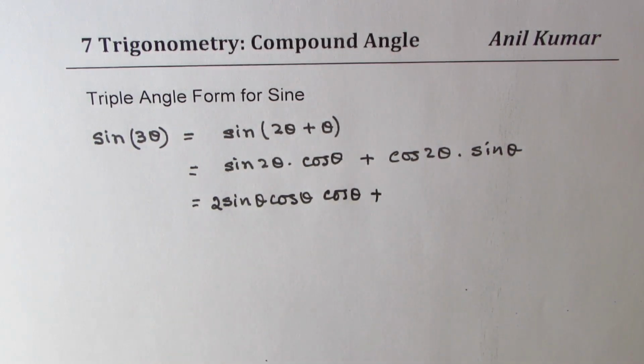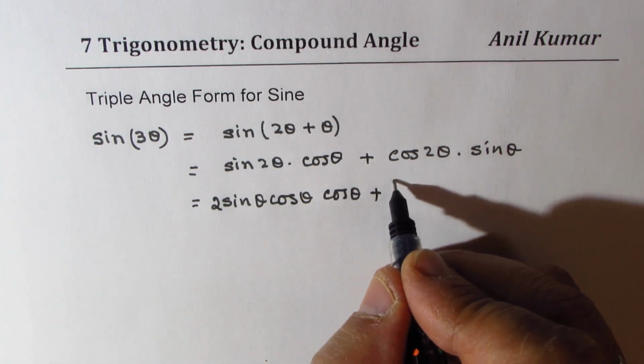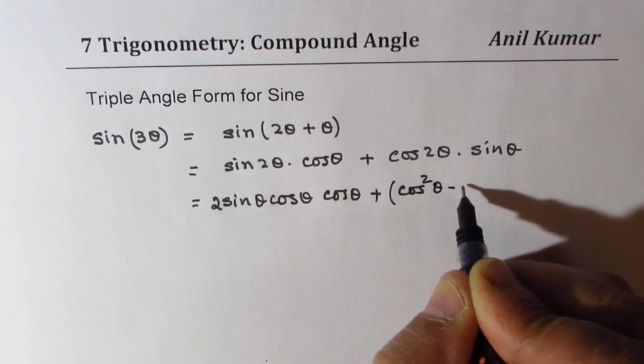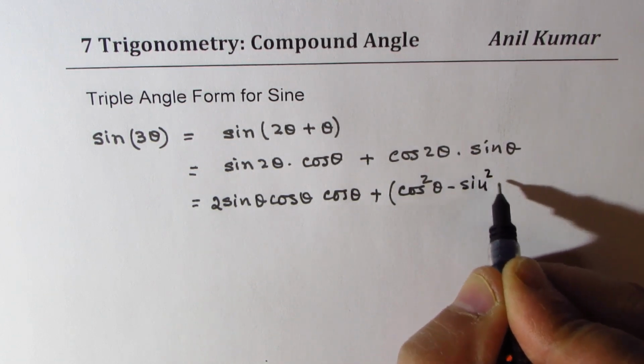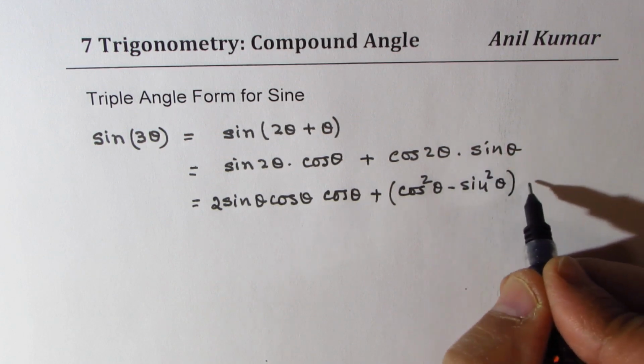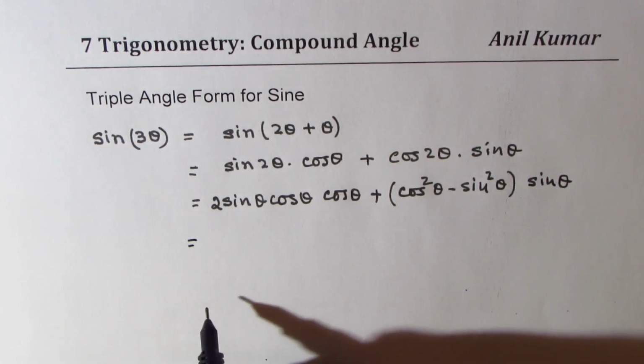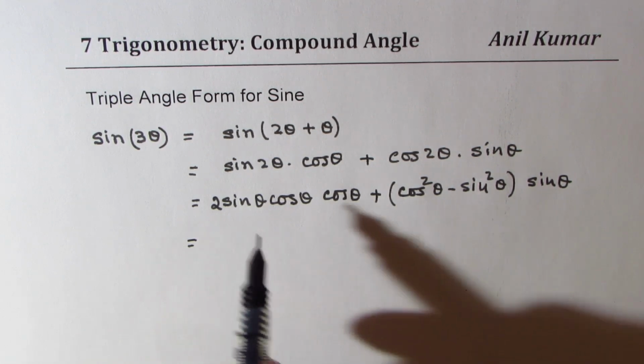Now with cos 2 theta, you have 3 different forms, right? So let's use the one which is the difference of squares: cos square theta minus sine square theta. And we have sine theta here, right? So let's now expand this and try to simplify. What do we get?